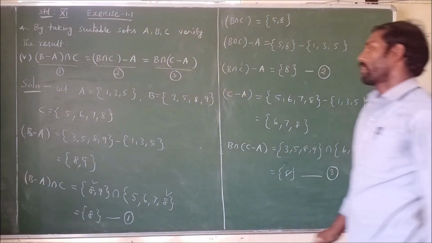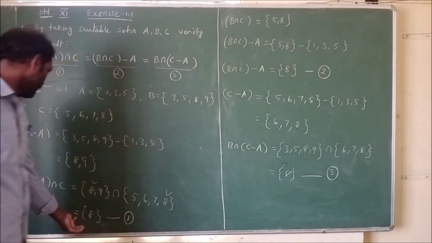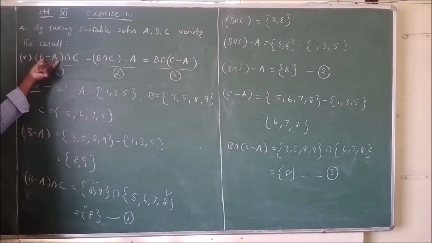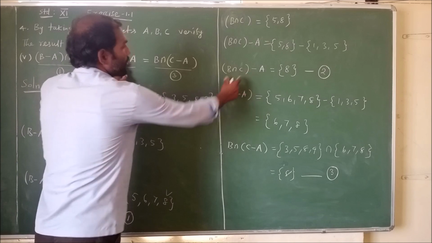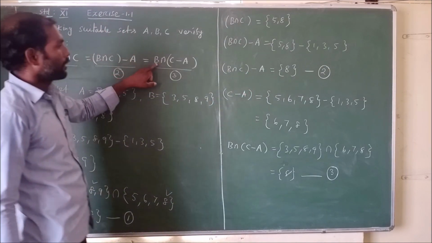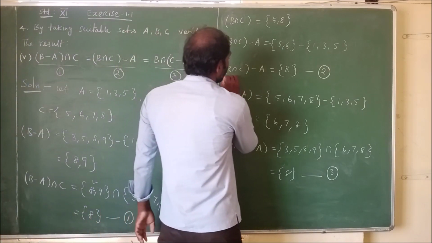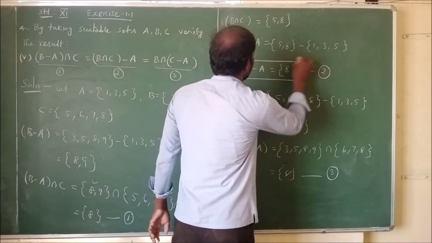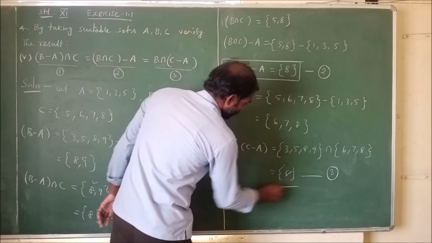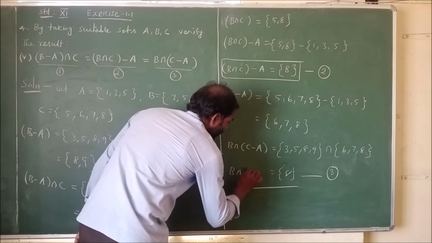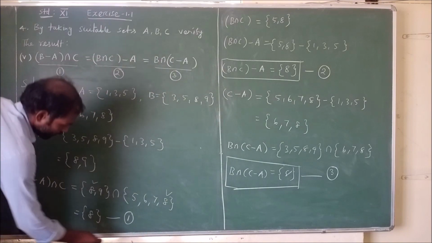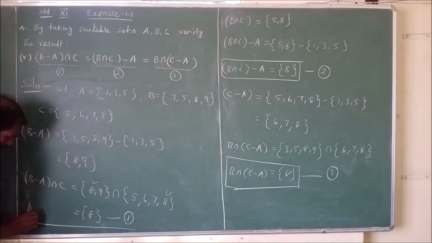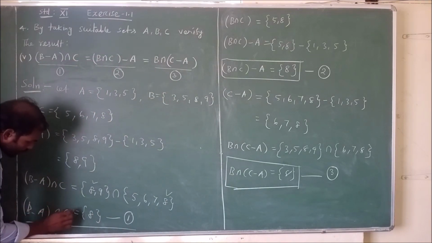From 1 to 3: the first result is 8, so B minus A intersection C has the value 8. The second result, B intersection C minus A, is again 8. The third result is again 8.